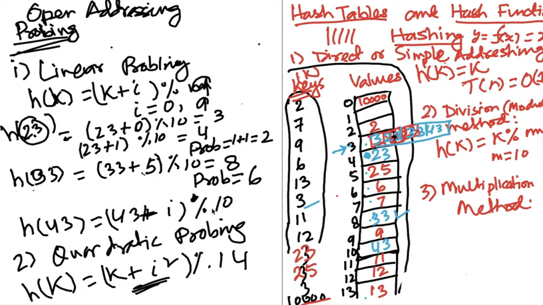Whatever process we use, simple or direct addressing, or open addressing, or close addressing, the first one, no matter what we use, we will see that our searching process becomes constant time.